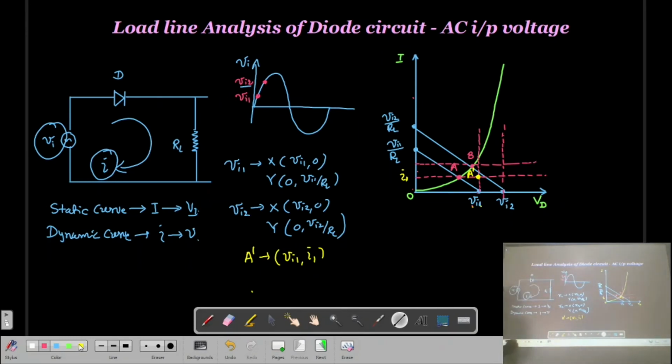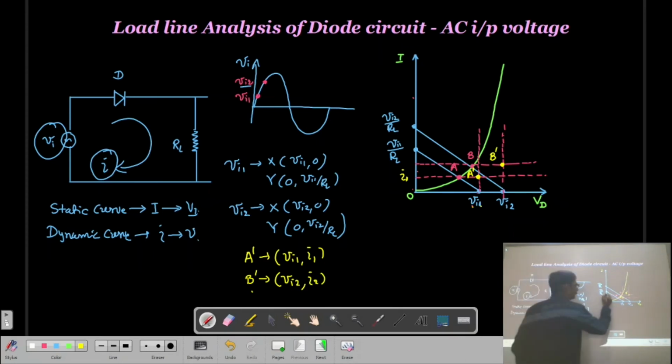So my intersection point will be here, and this point is B dash. B dash is representing that when my input voltage is VI2, at that time I2 current is flowing.